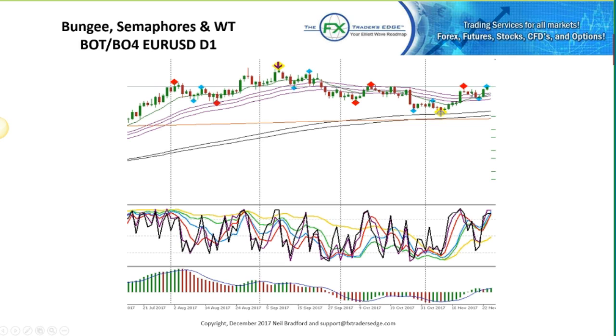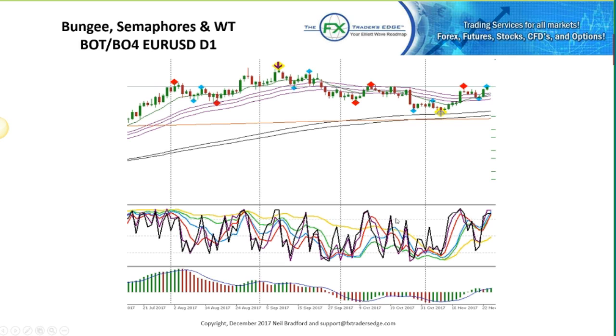So now we can look at how things are panning out. At this point, once again, we're looking for an upper yellow semaphore, aren't we? I'm not going to follow this through forever. But there's our bounce off the tunnel, successful bounce off the tunnel trade. You can see everything heading higher.